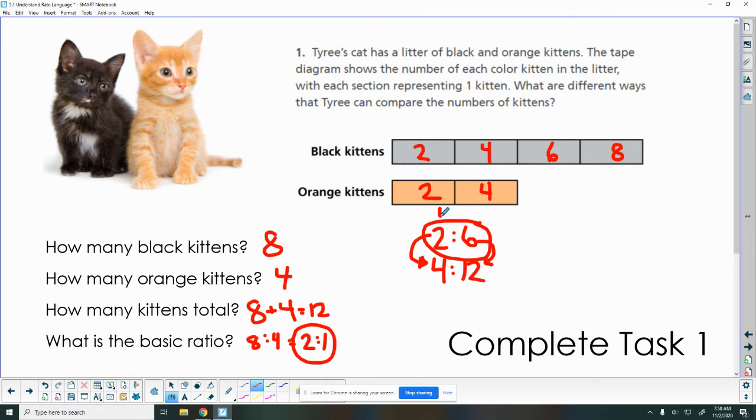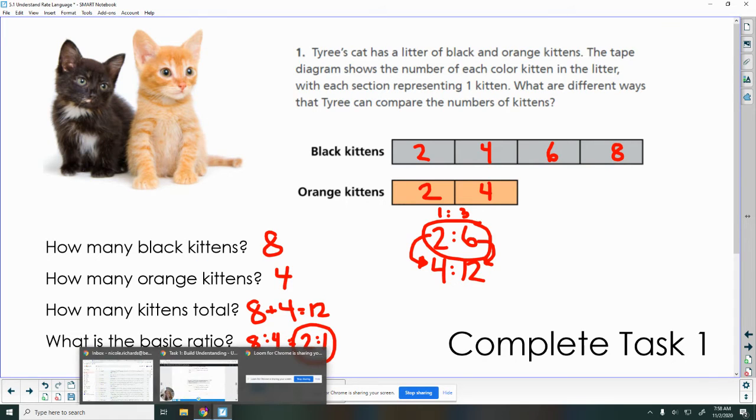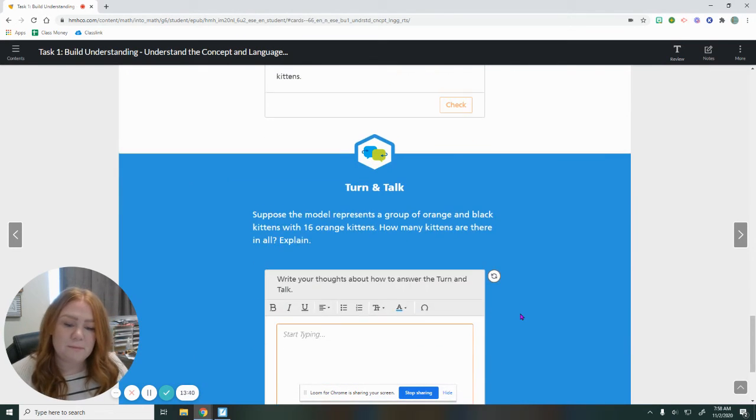So every time I have 1 orange kitten, 2 divided by 2 is 1, 6 divided by 2 is 3. That means there's 3 total kittens. So we had 1 orange, 2 black, 1 plus 2 is 3 total. So we're just using our same simplified fractions to answer all these questions here.